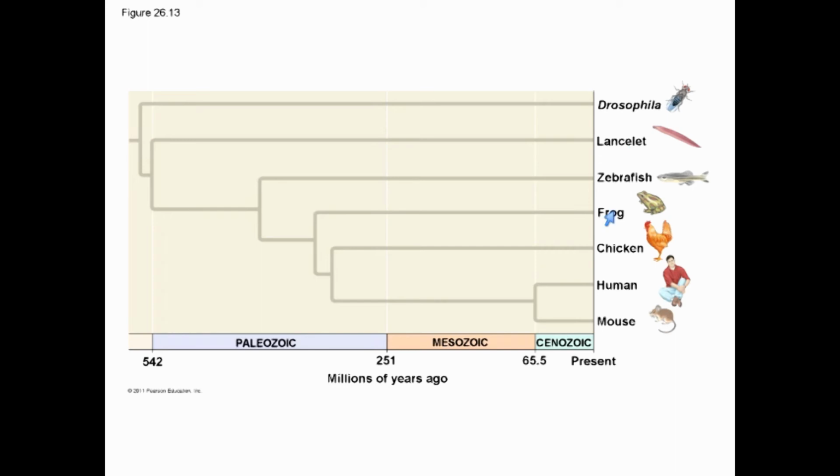So Drosophila, the lancelet, zebrafish, frog, chicken, human, and mouse, and you can see that the human and mouse diverged together in fairly recent times. Chickens go back to the Paleozoic, and the lancelet and your Drosophila go all the way back to before 542 million years ago.